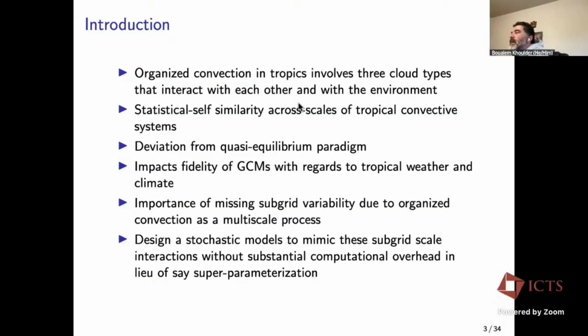And this whole thing is a sign that this is not something that quasi-equilibrium can capture. This is a deviation from the quasi-equilibrium paradigm. That's why we need a bottom-up cumulus parametrization to be able to get all these interactions across scales and the self-similarities.